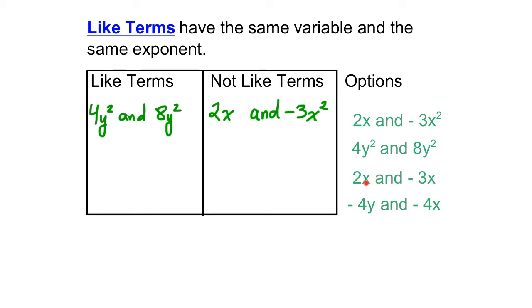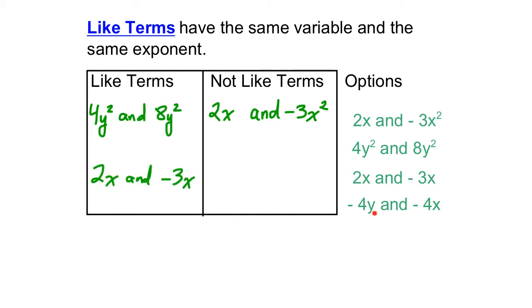Some people say these are not like terms because one's positive and one's negative. But remember, that has nothing to do with it. Do they have the same variable? Yes, both x. Do they have the same exponent on the variable? Yes, 1 and 1. So these are like terms.